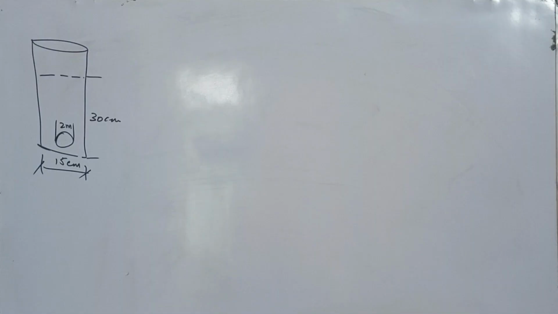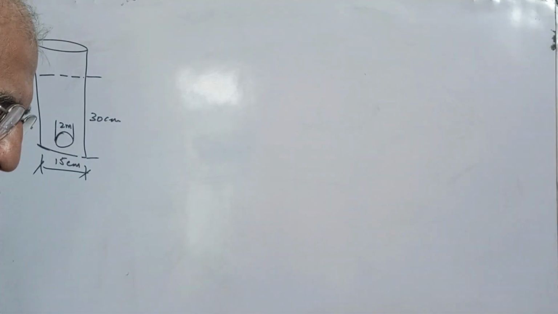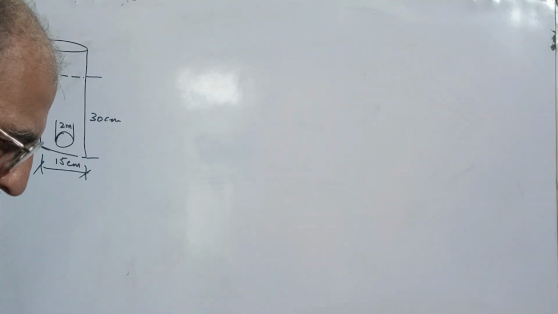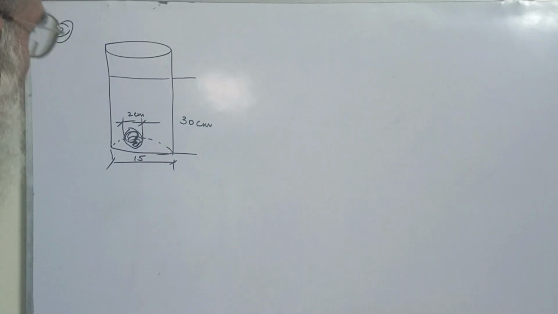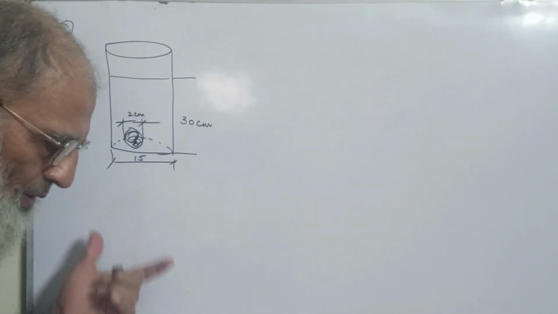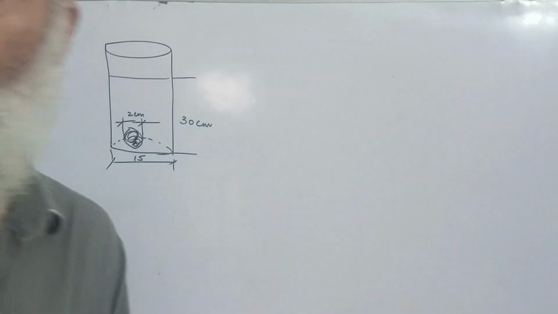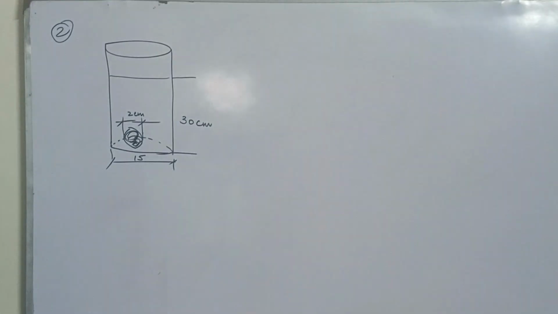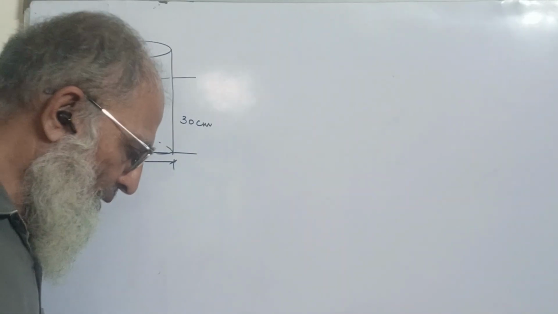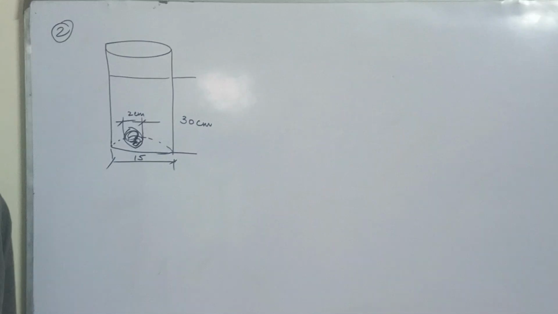And what does it say? Let me tell you word by word. So my dear students, question number 2 of exercise 7.7. In fact, this is based upon a question of physics.